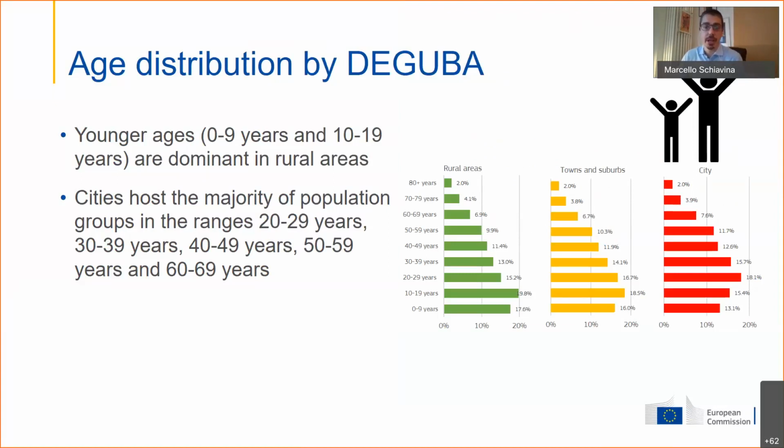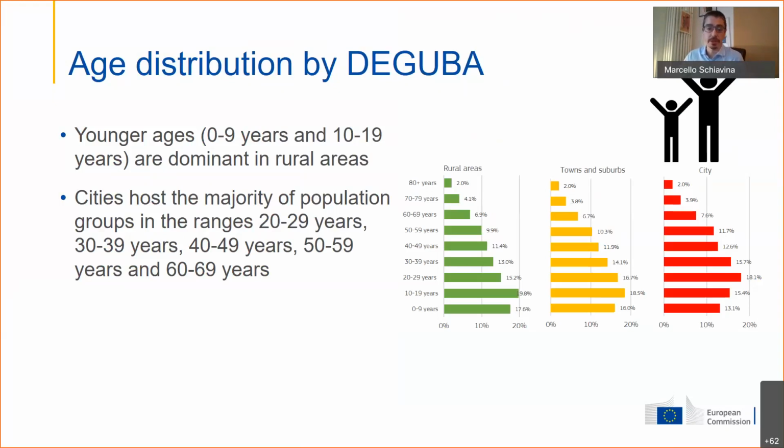It should clearly appear that the peak of the distribution is different in cities. The class 20-29 years is different from the peak that we have in towns and rural, where the peak is in the class 10-19 years. And this basically shows that younger ages are dominant in the rural areas, and more than half of the population in these areas is 29 years old or younger.